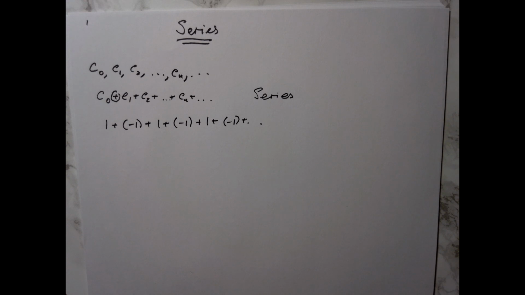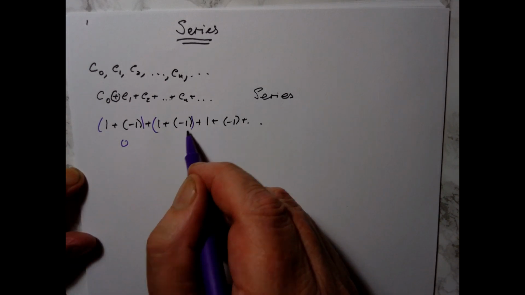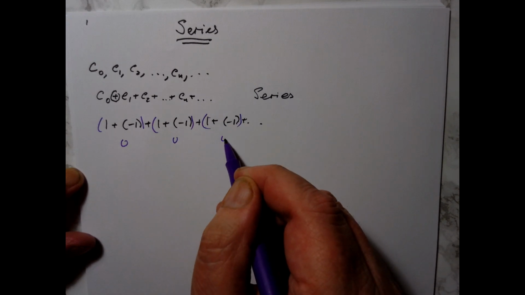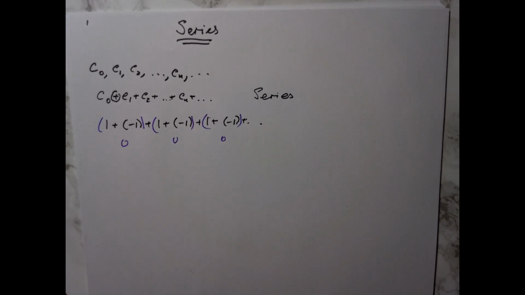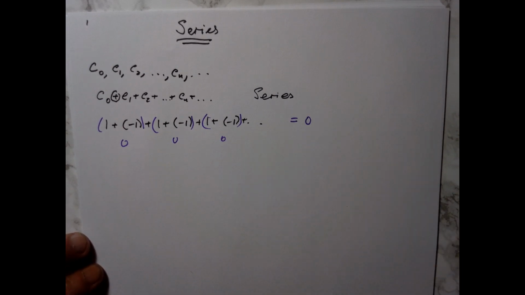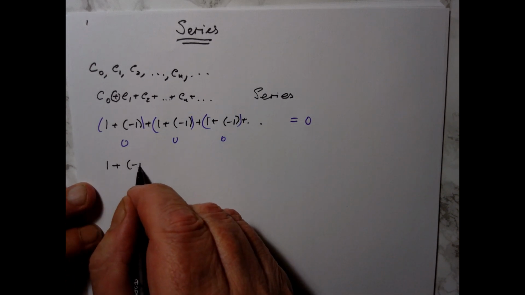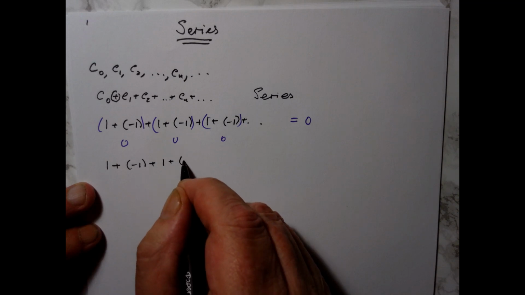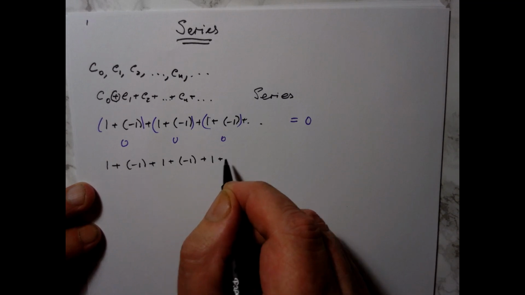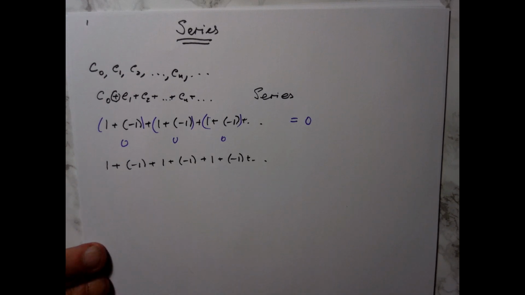Now, on the one hand, I could easily take the series and combine these terms here, and that will give me 0, and this would give me 0, and this would give me 0, and if life works out right, then the sum of zeros should be equal to 0, and the series equal to 0. On the other hand, I'm going to take the exact same series and now I'm going to put the brackets in a different way.